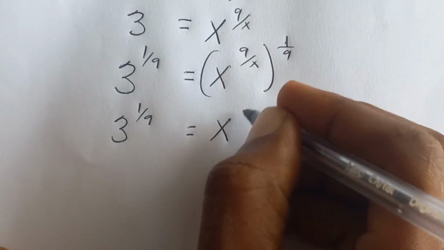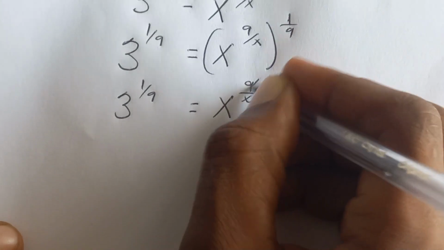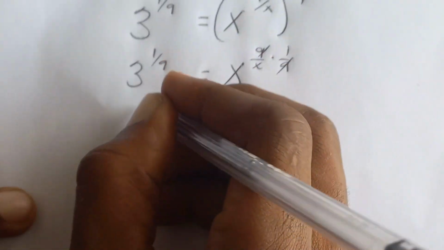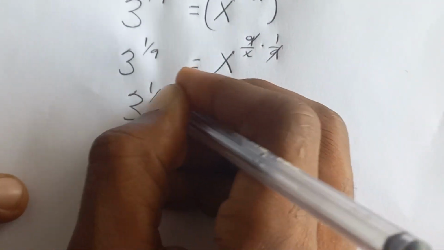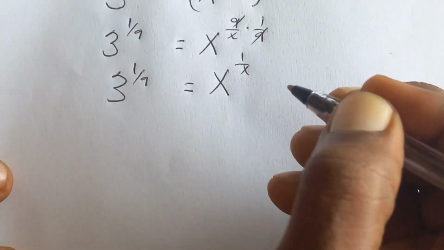So this one cancels this, leaving 3 exponent 1 on 9, which is equal to x exponent 1 on x.